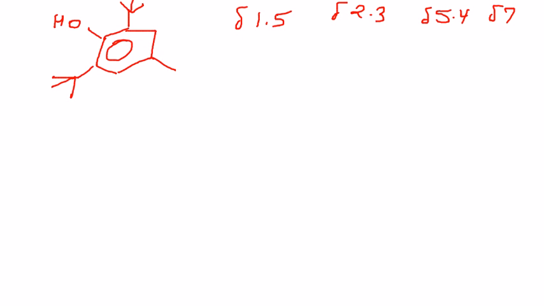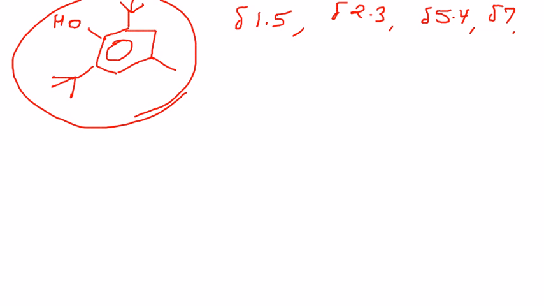Okay, let's take a look at another problem. I have been given the structure and 4 peaks are provided as well. No information on number of protons or multiplicity is given, and just on the basis of chemical shift, you're supposed to assign which peak is going to correspond to which kind of proton.